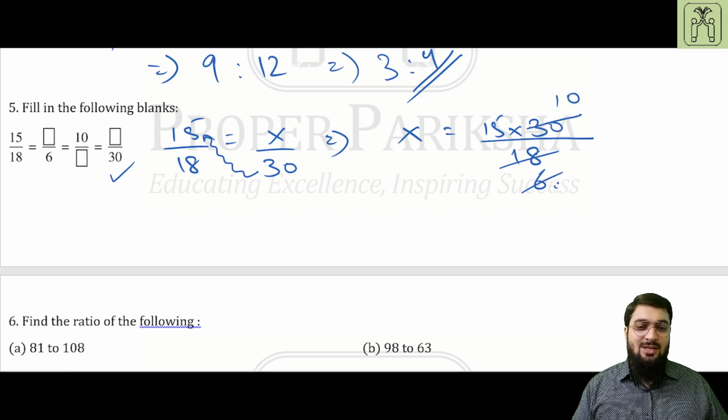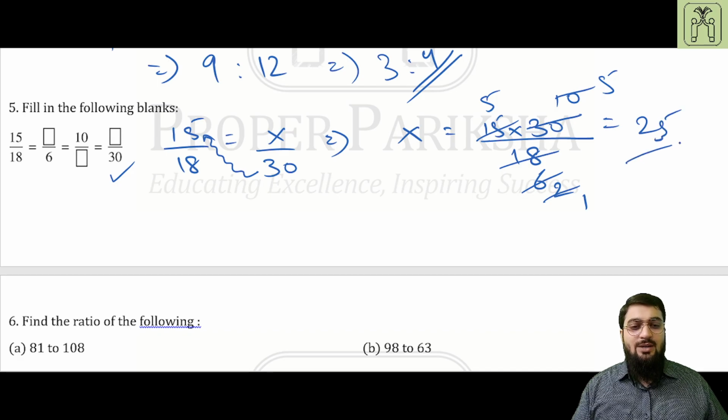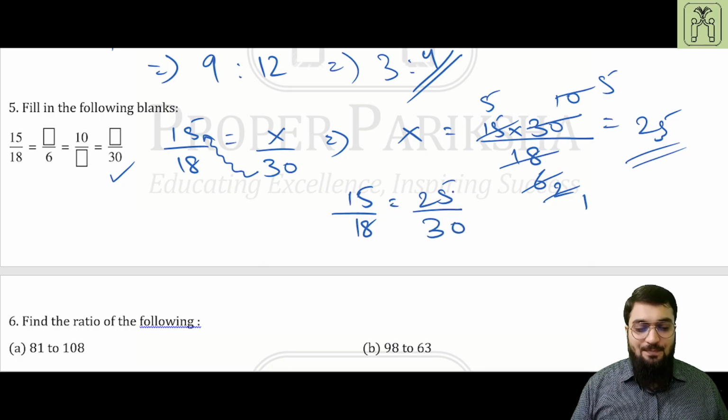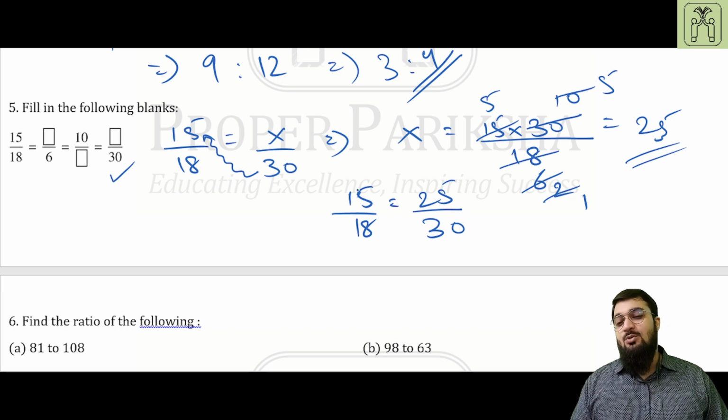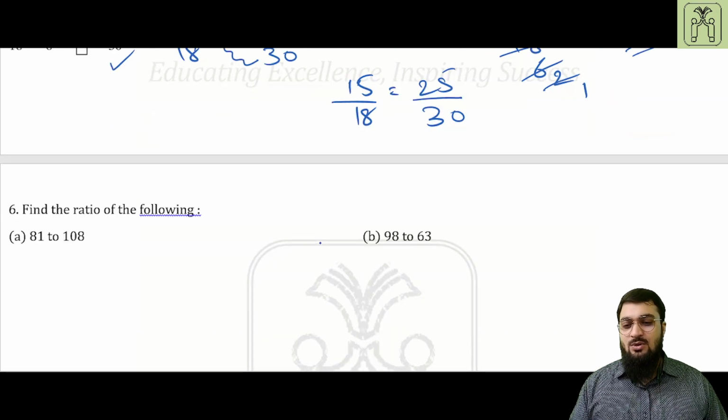Then we'll write 3 2 times, and then we'll write 3 5 times, and 2 1 times, and 2 5 times. That is, it will be 25. So it will be 15 upon 18 is equal to 25 upon 30. That will be the answer. Okay, coming to the next part. The remaining two you can solve on your own.